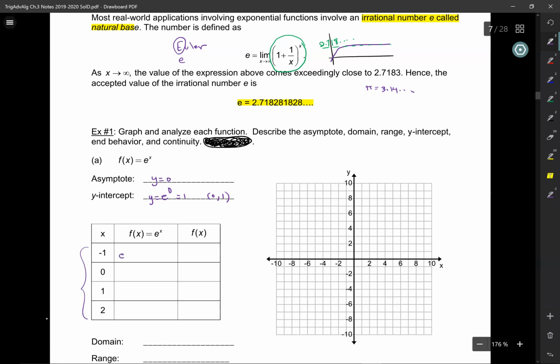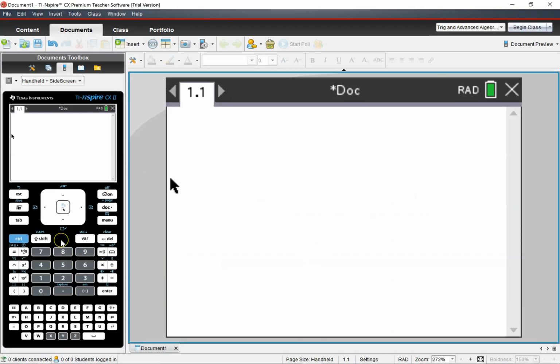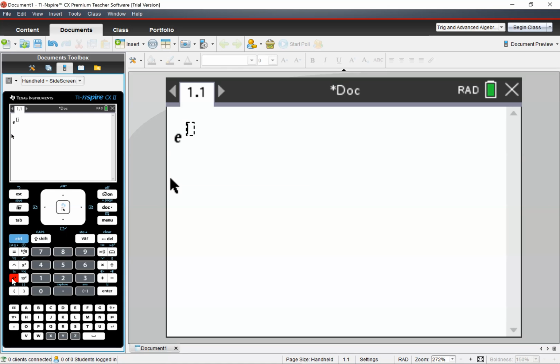And so now I have e to the minus 1. What we're going to do here is plug this into our calculator. So we're going to get e, right? Okay, so e is this button right here, left-hand column towards the middle. e to the power of negative 1 is 0.368.